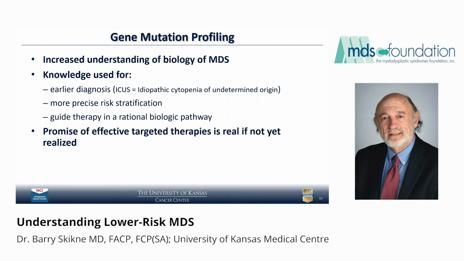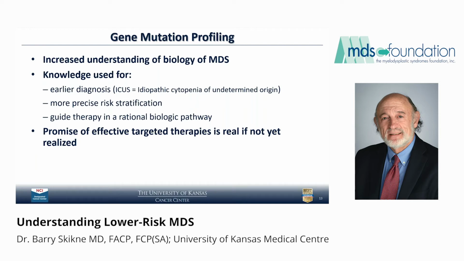And you may have seen the term ICUS, which stands for idiopathic cytopenia of undetermined significance. This is for patients who, let's say, are anemic and they cannot find a cause for the anemia, and the patient even has a bone marrow and they can't see clear features of MDS.